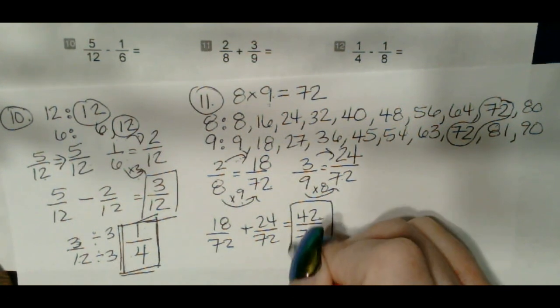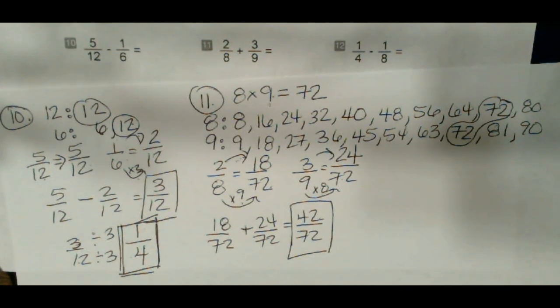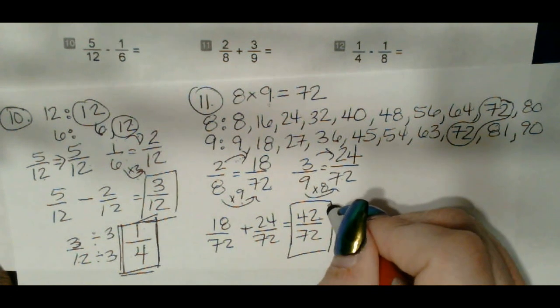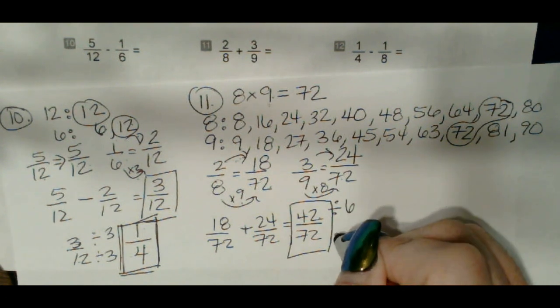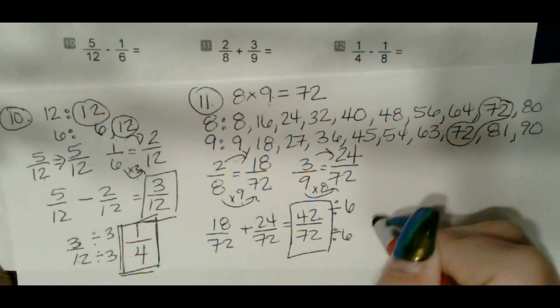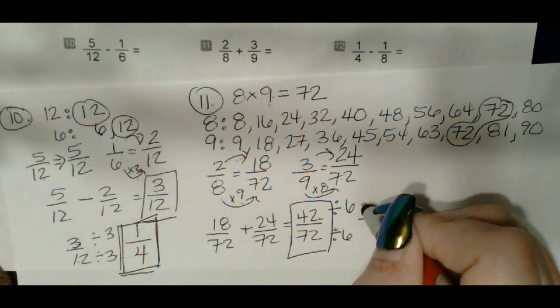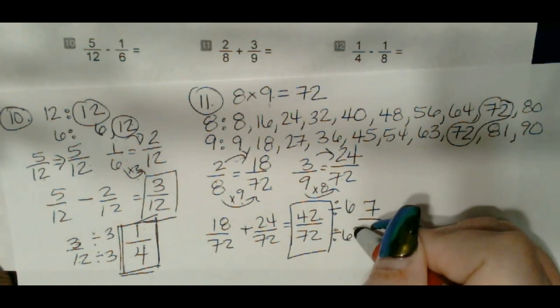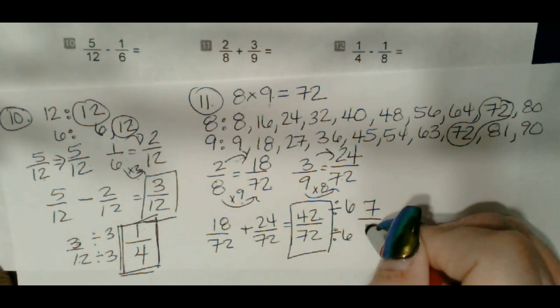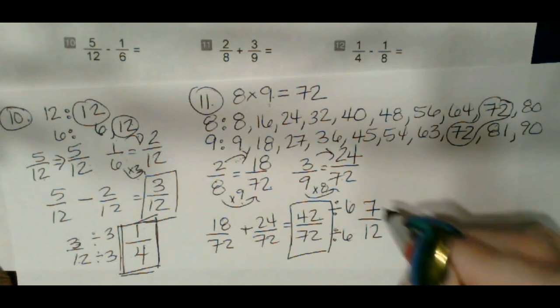Now, I know this looks like a large fraction, but I can reduce this. So I'm going to divide by 6. 6 times 7 gives me 42. 6 times 12 gives me 72.